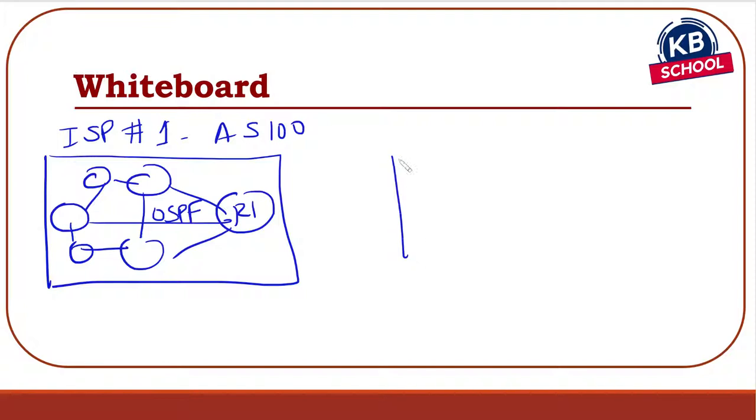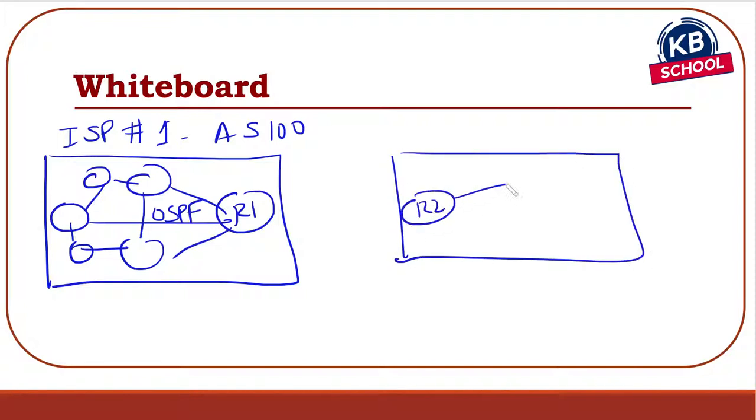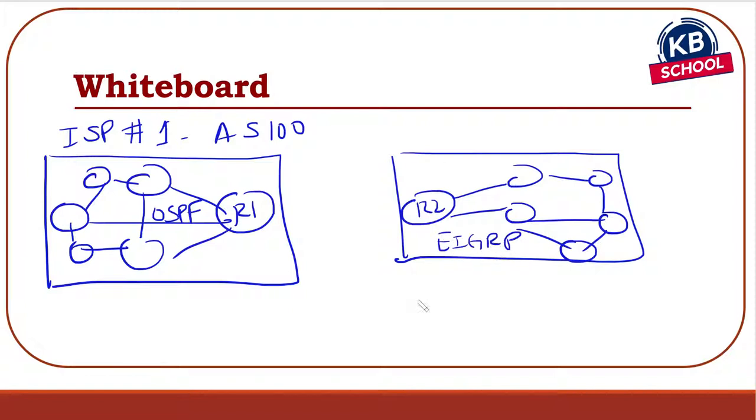That's the edge router. Router 2 over here is also going to have a full system of routers internally connected to each other. They're going to run some type of IGP over here, let's say EIGRP. Once router 2 learns the routes and router 1 learns the routes, router 1 and router 2, their border routers, then decide what routes should be sent to the other autonomous system.